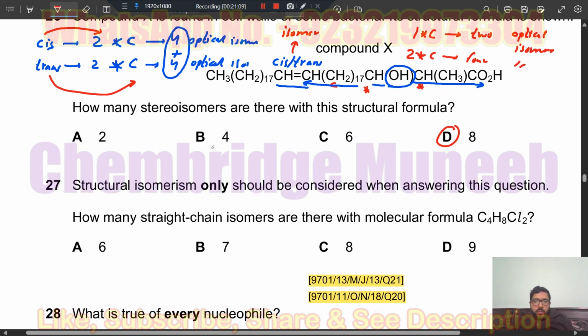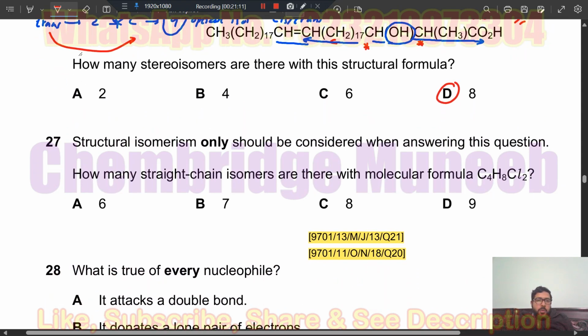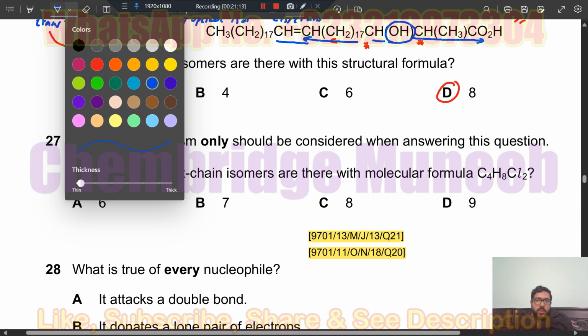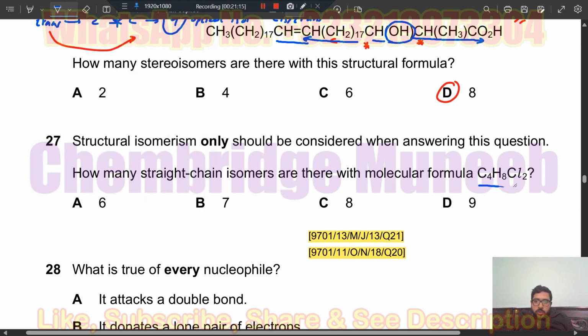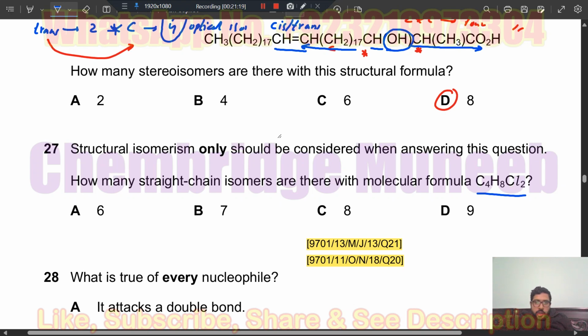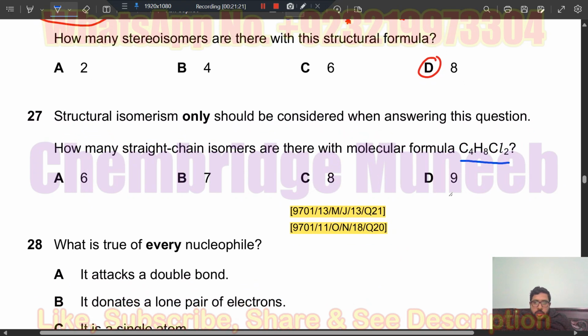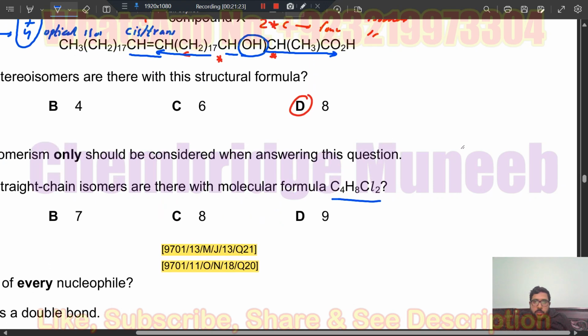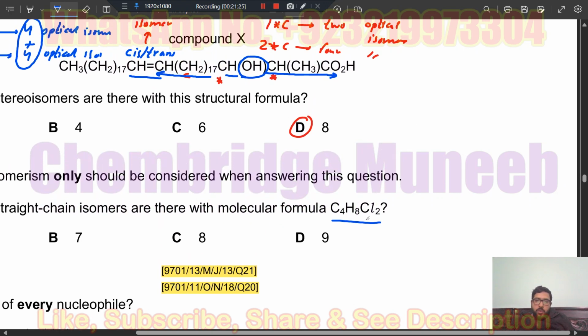Now question number 27. We have to construct as many structural isomers as we can for this molecule. So we should have a straight chain as well. I am going to construct the straight chain isomers of this compound. Instead of showing the chlorine atoms, I will make it simple by symbolizing the chlorine with asterisks.